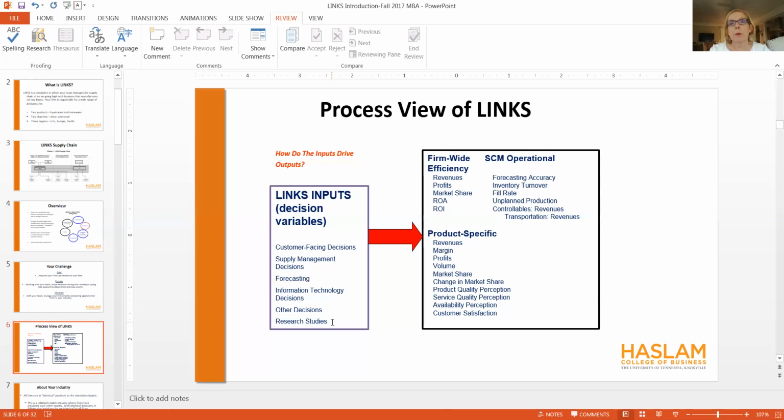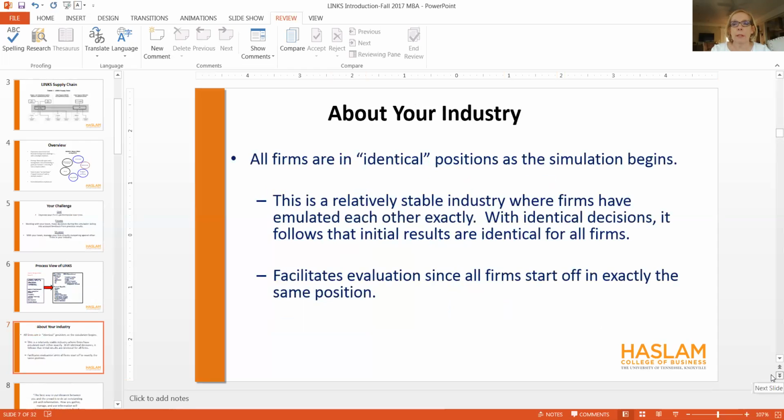But I will also tell you a very common feedback that I get is, don't buy all the research studies if you're not going to use them, because it really is not a very good use of your limited funds and resources as a firm. So think very carefully about someone that might have the role of an analyst for the research studies that you would need, so you could make better inputs so that the operational outcomes, or the outputs, are going to be more of what you would like them to be.